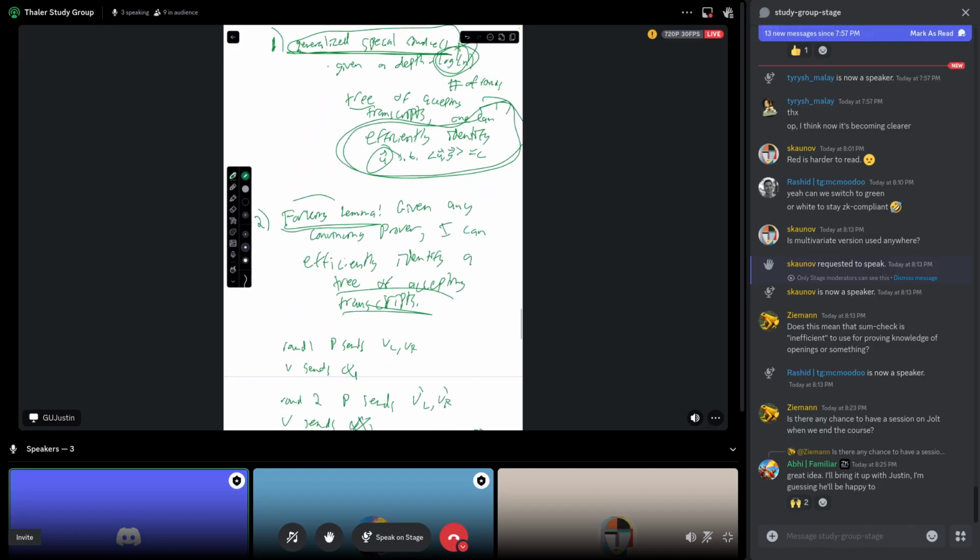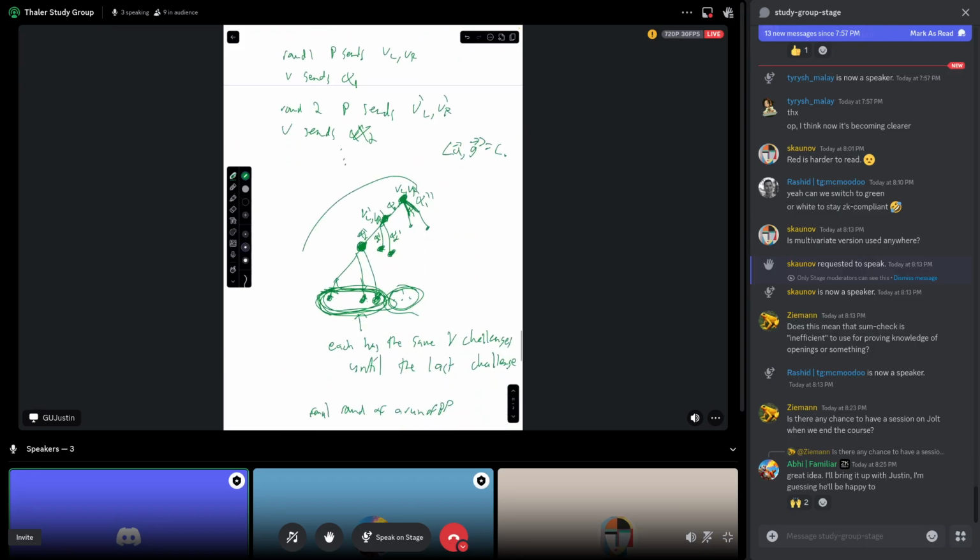And then the forking lemma: the way you actually identify this tree of transcripts with this overlapping structure is you take the prover and run it a bunch of times to get the tree. To be very sketchy and hand wavy, you run the prover once to completion. That gives you the first leaf, the leftmost leaf in the tree.